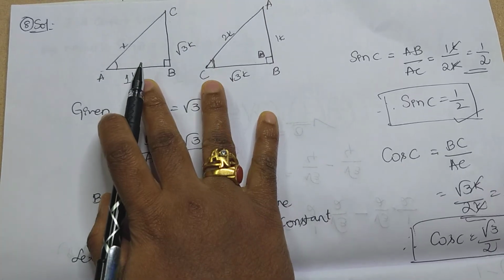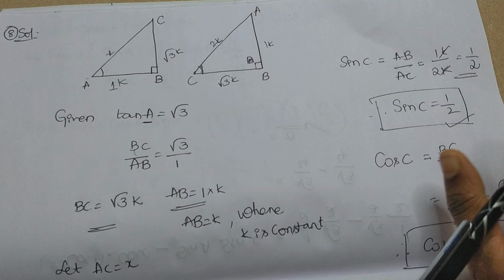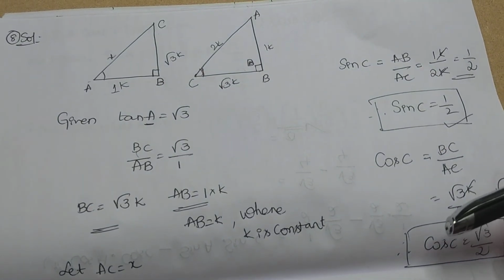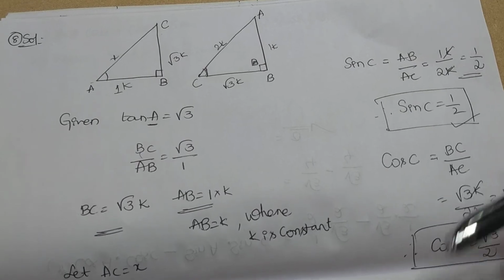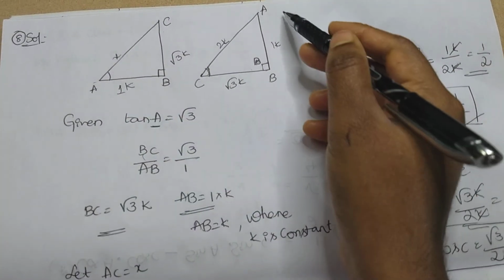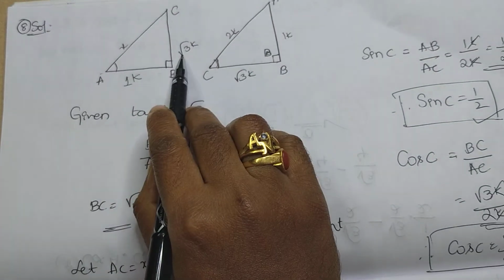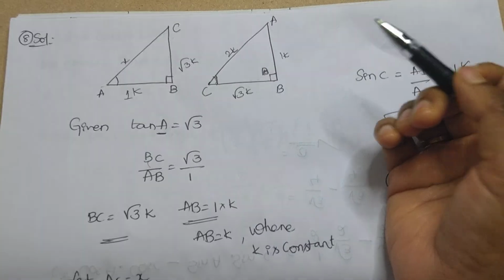For the two triangles here, the angle taken as reference is different, that's it, but the length of the sides remains the same. So here AB I am taking as 1K, root 3K for BC, and here also root 3K for BC. AC also remains the same.